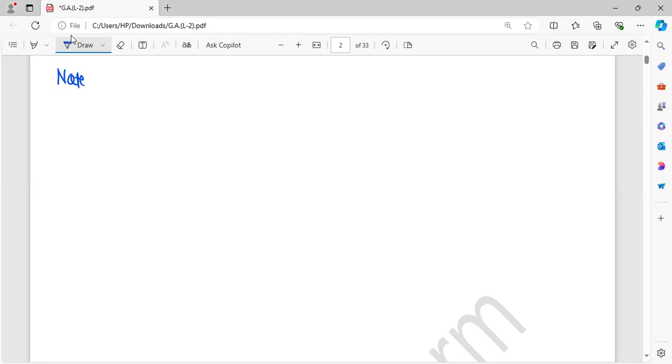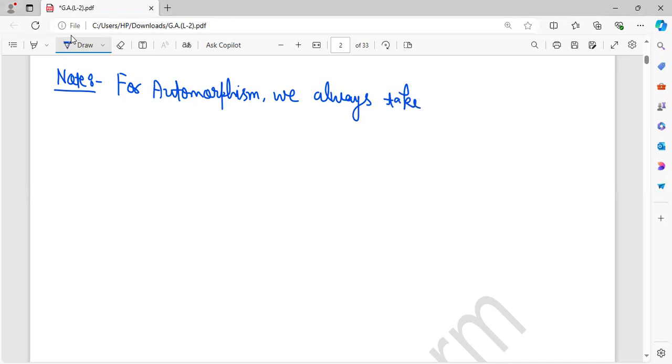Note that for automorphism, we always take G1 star 1 equal to G2 star 2. Both the groups we take equal. For automorphism, the same group will be on both sides, domain and codomain. So I am calling it G star.